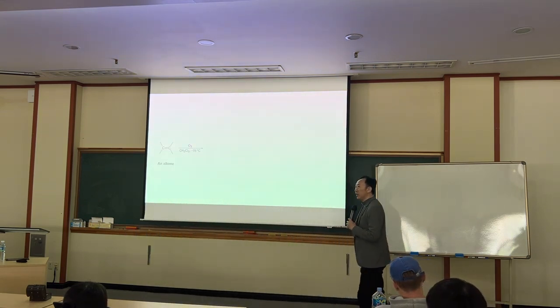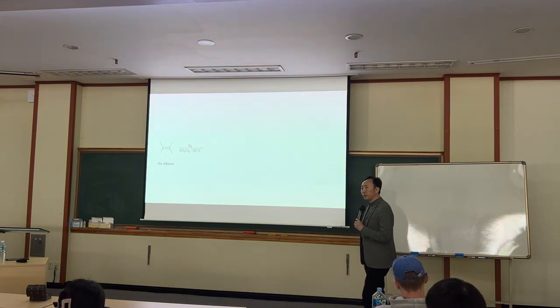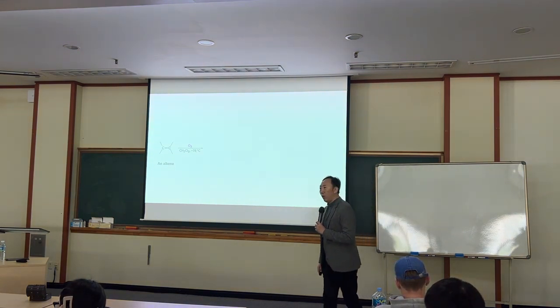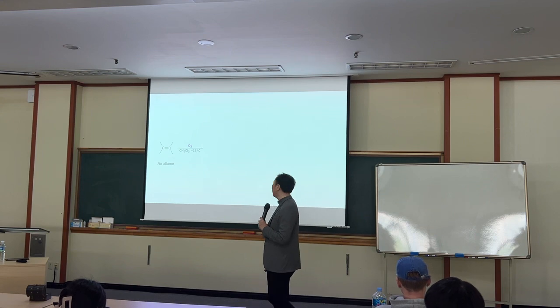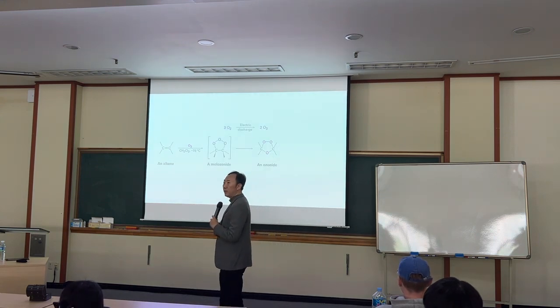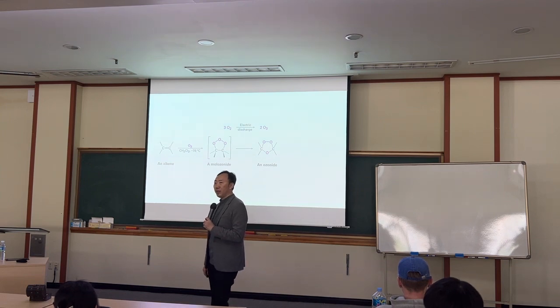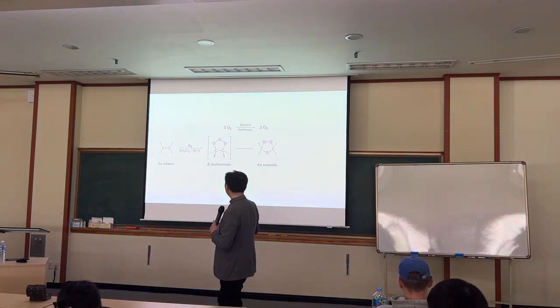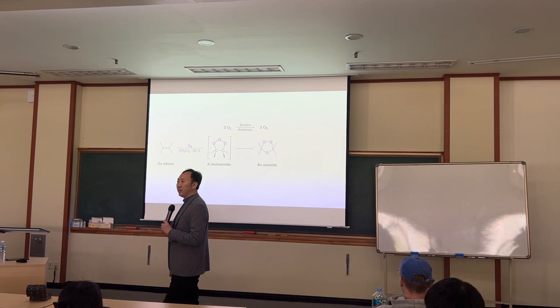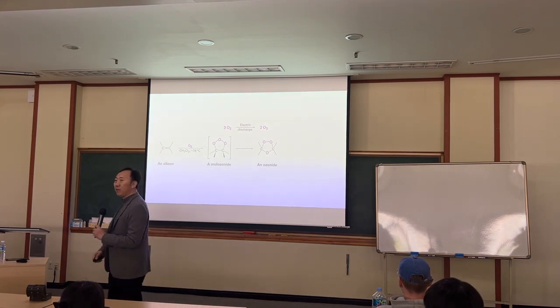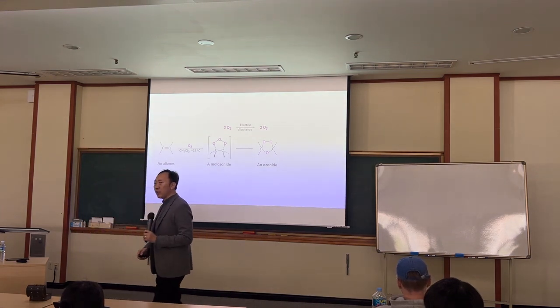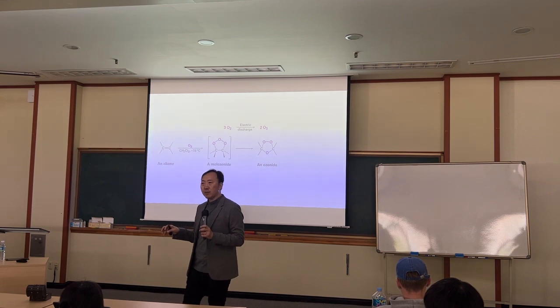Now, ozone. O3 forms this kind of intermediate, and then somehow it is rearranged to form this. But it's not important, and you may form many different intermediates. So O3 is a reactive oxygen species.